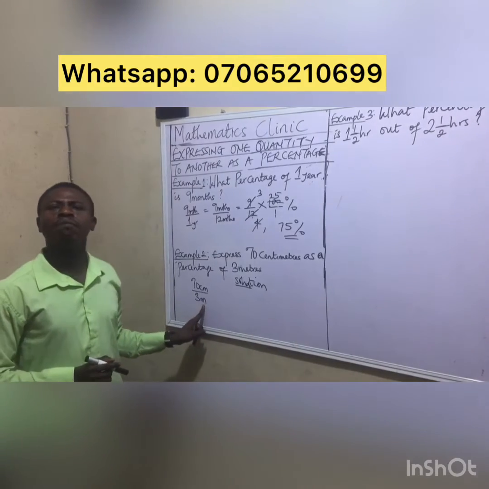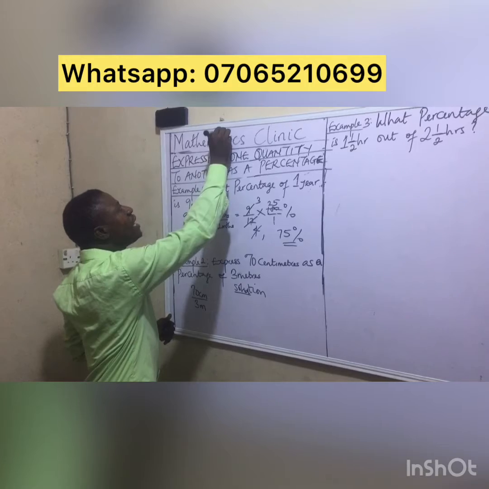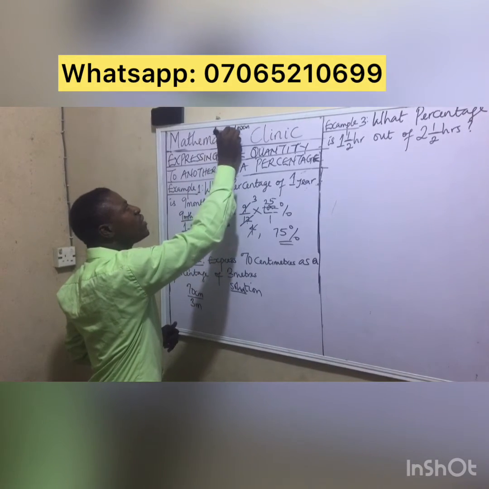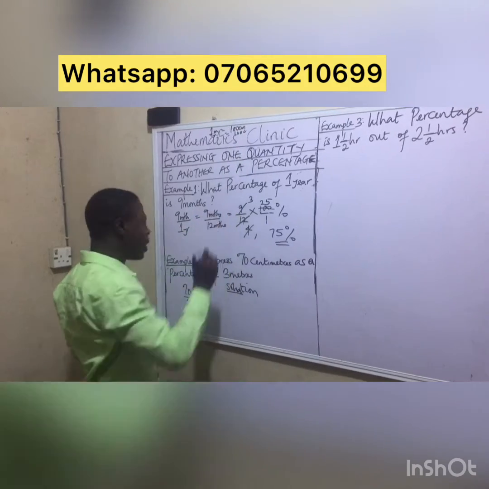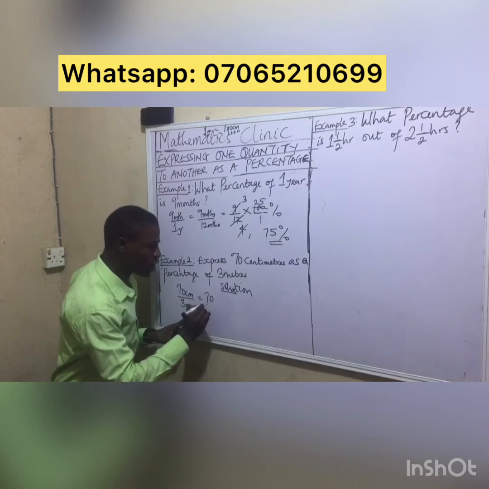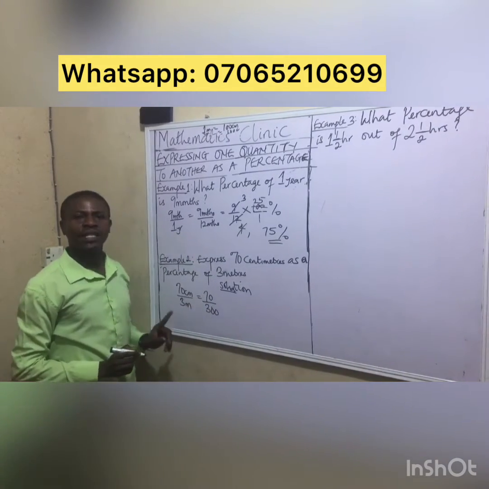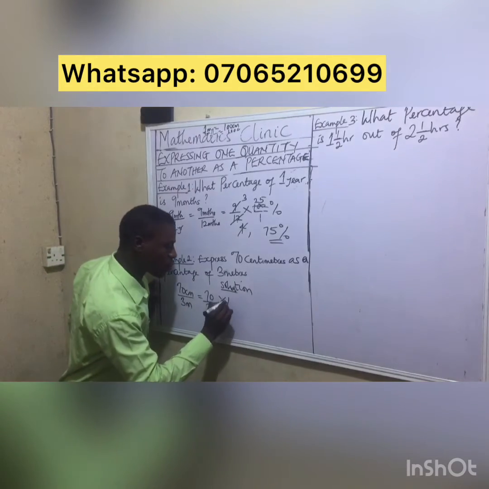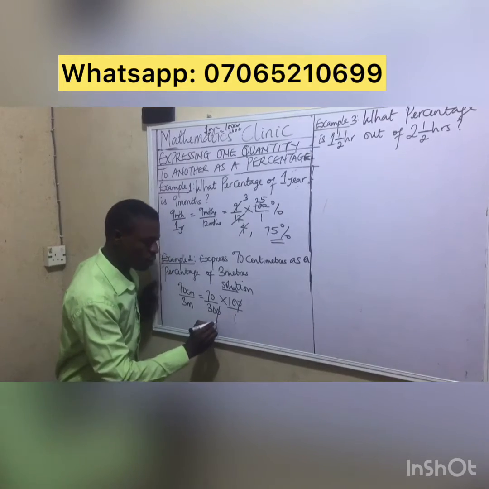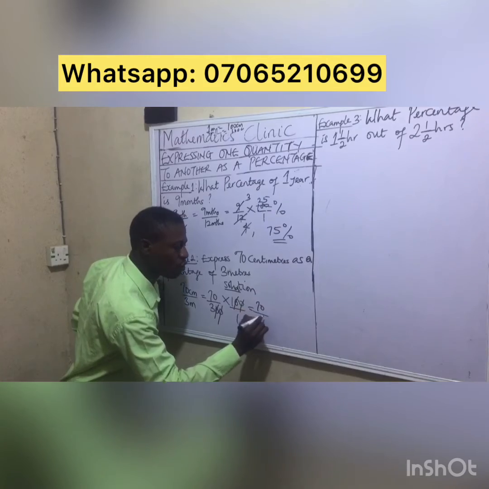You convert this meter to centimeters. 1 meter is equivalent to 100 centimeters. 2 meters is equivalent to 200 centimeters. So 3 meters will be equivalent to 300 centimeters. Everything is now in centimeters. So what are you going to do? Times 100 over 1%. So 0 cancels 0, 0 cancels 0. You are left with 70 over 3.